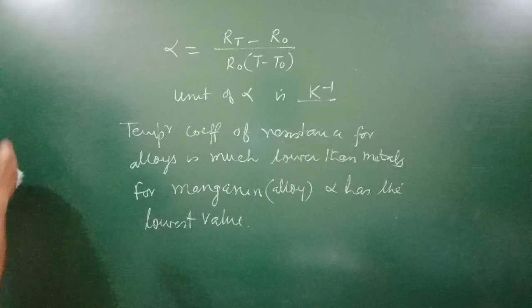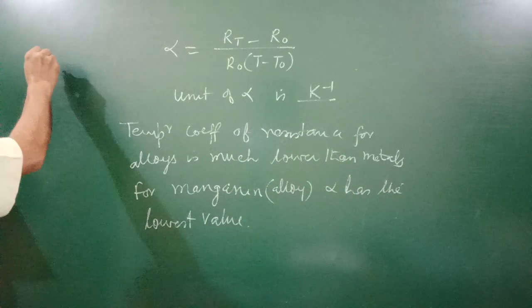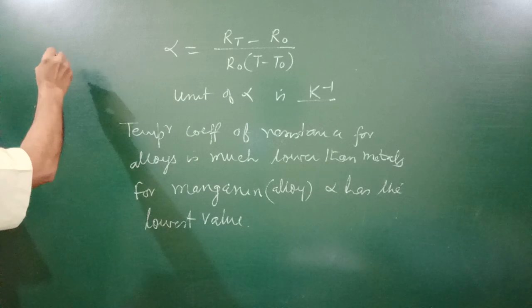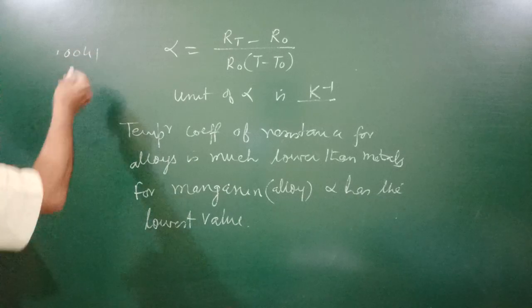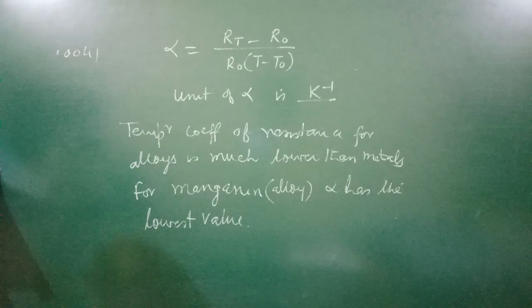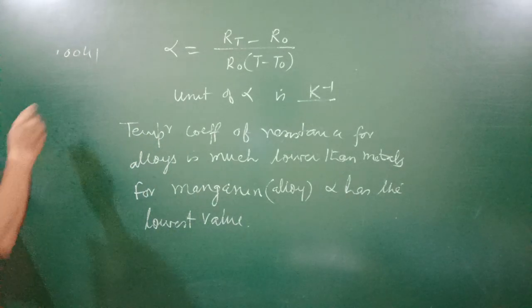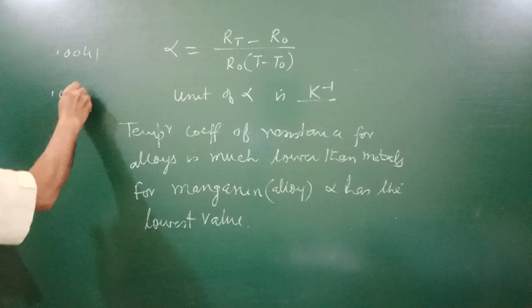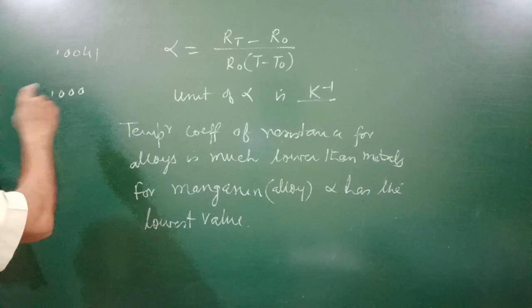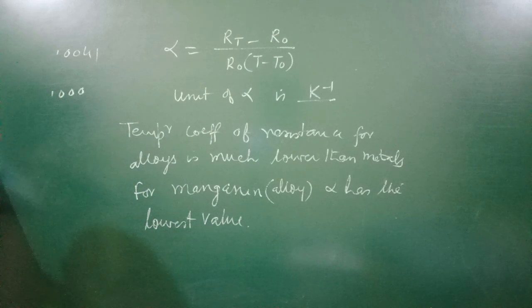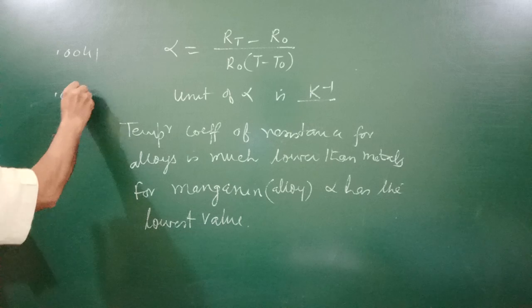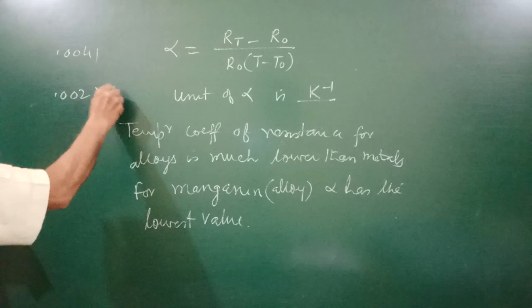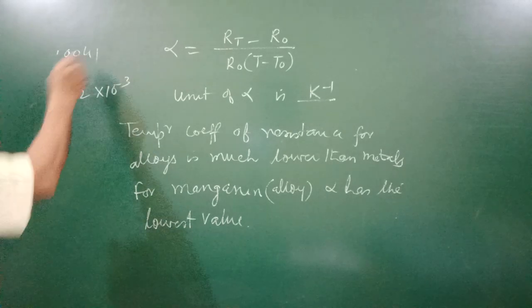The order of alpha for silver is 0.0041 per degree centigrade, while for manganese it is 0.000002.